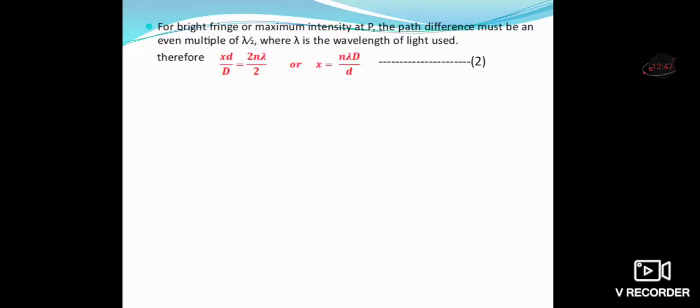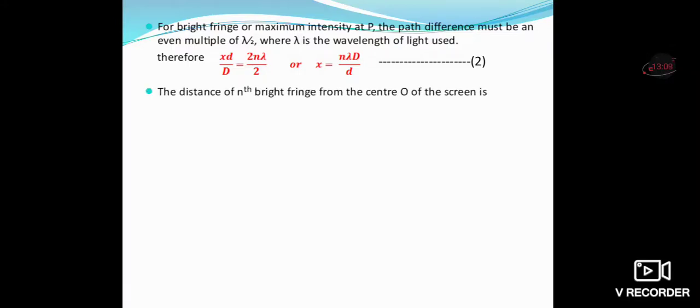Therefore, xd divided by capital D is equal to an even multiple of lambda by 2. Therefore, we can write it as 2n into lambda by 2, or generally n lambda. Now from this, that x is equal to n lambda capital D divided by small d.